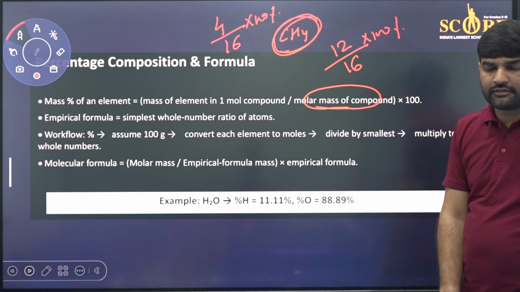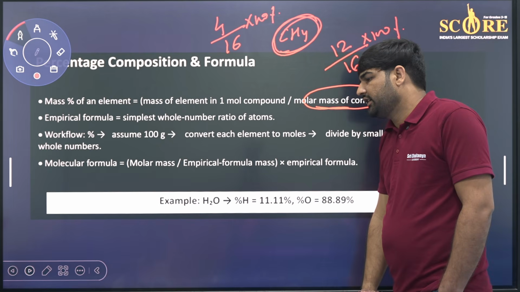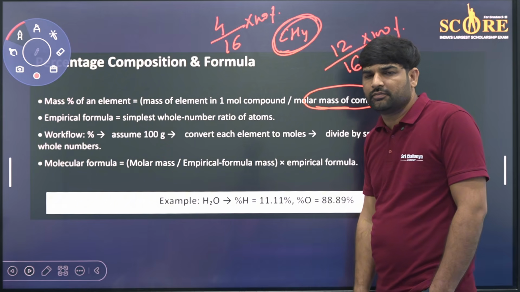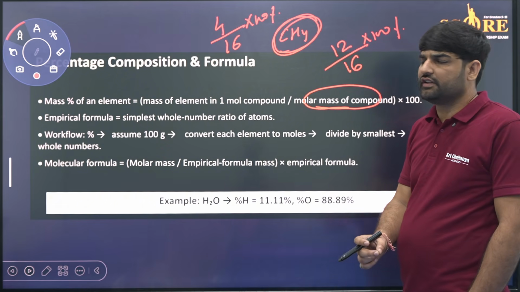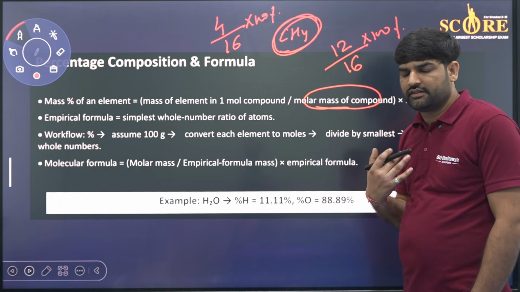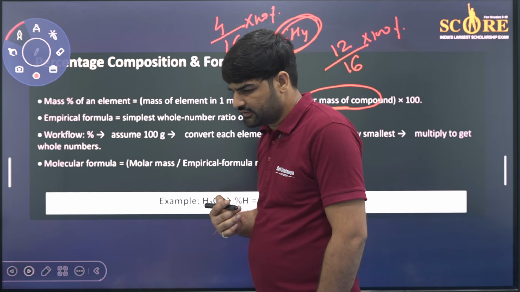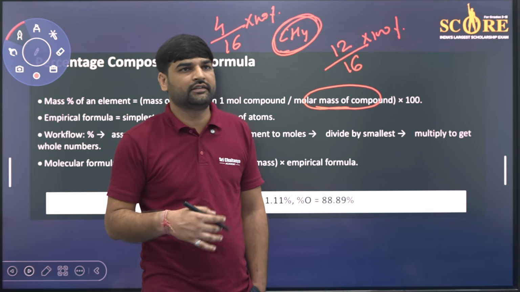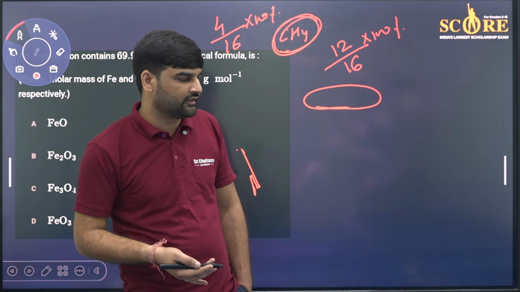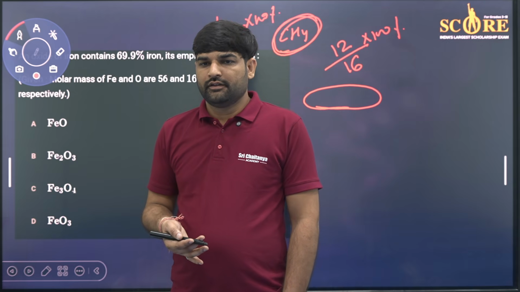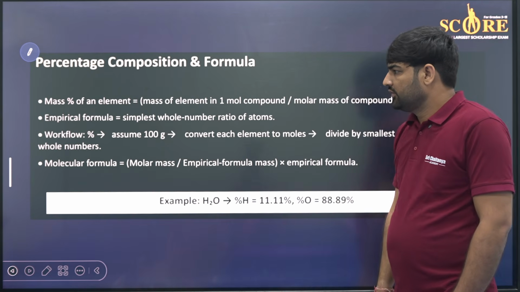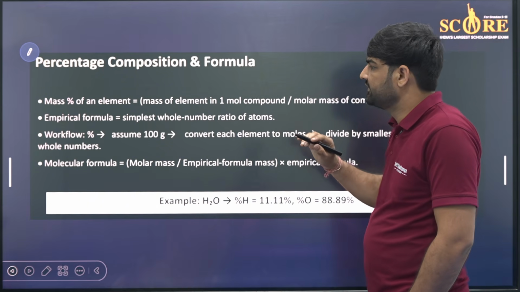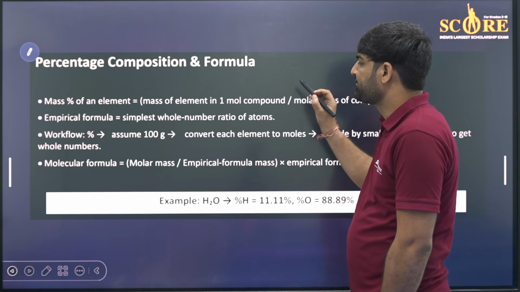What is an empirical formula and what is a molecular formula? Empirical formula tells about the simplest whole number ratio of various atoms present in a compound, whereas molecular formula tells about the exact number of atoms present in a compound. Let's take some basic examples for empirical formula.